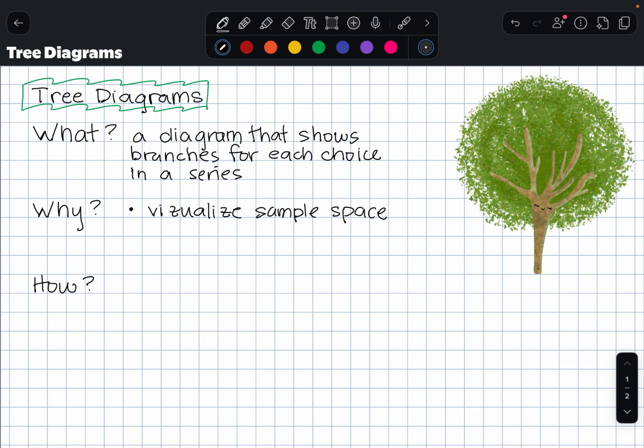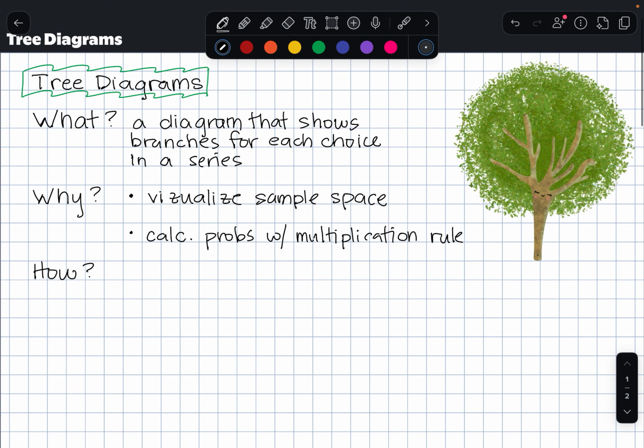So these graphs are going to make it easier to see all of the possible outcomes at the end of a series of choices. The other thing this does is this helps us with the multiplication rule and finding probabilities with the multiplication rule. And the how, we're going to do an example.